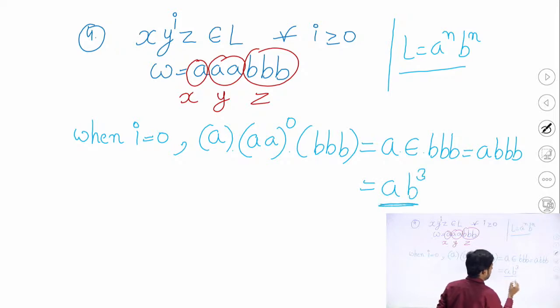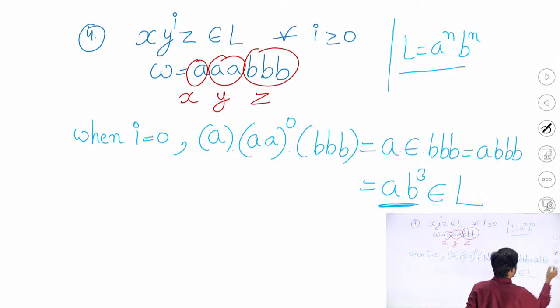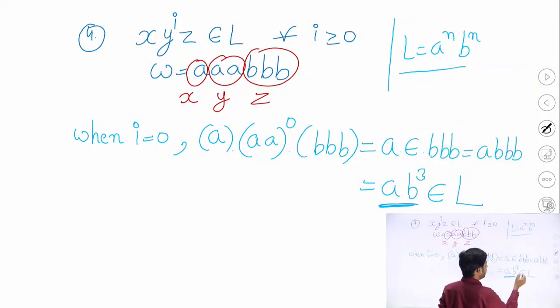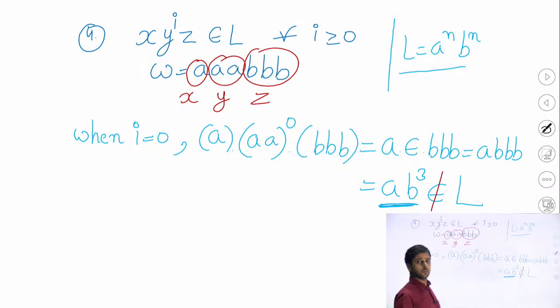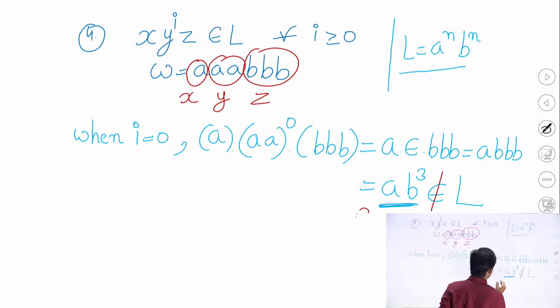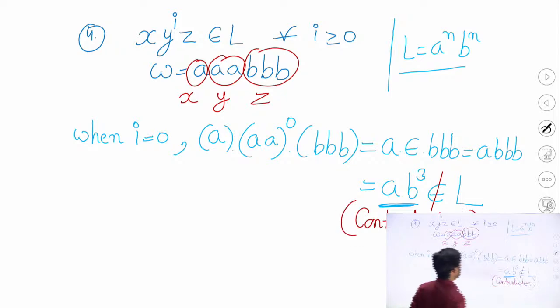Does this string belong to this language, yes or no? No. So there is a contradiction. It says that for all i, if any one is not satisfied, then there is a contradiction.